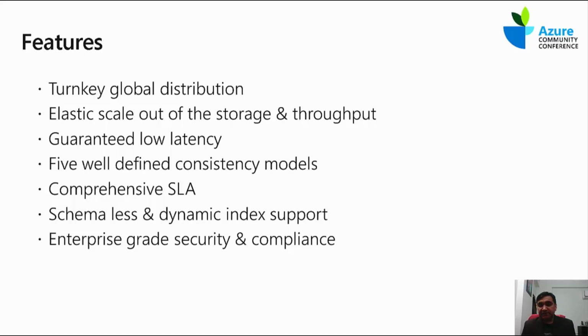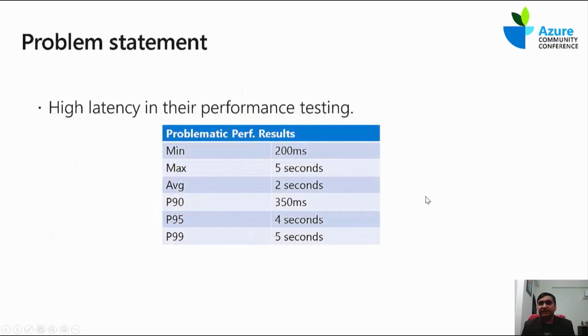We have compliances applicable to Cosmos DB. We have PCI, SOC 1, SOC 2, SOC 3. These are a few named. You can go to Azure Trust Center and download the audit reports for Azure Cosmos DB's compliances.